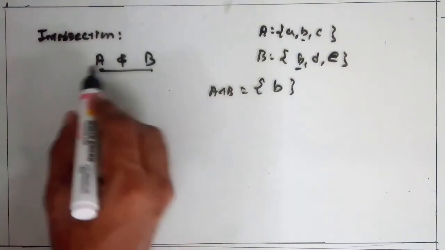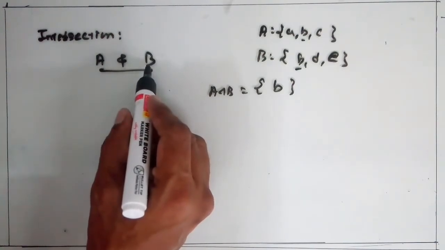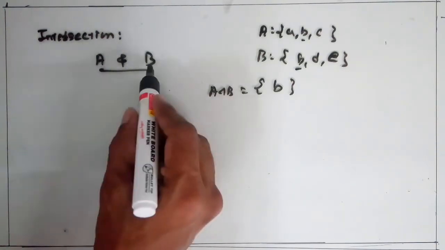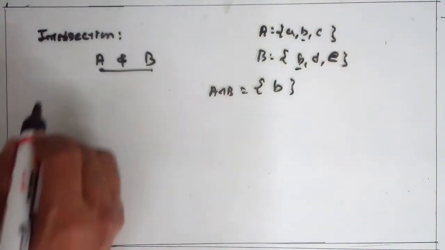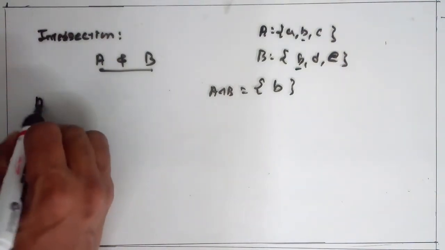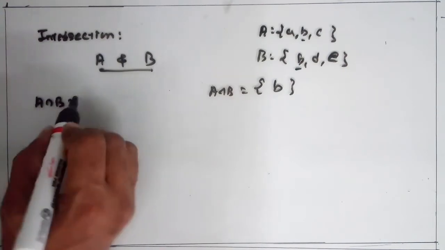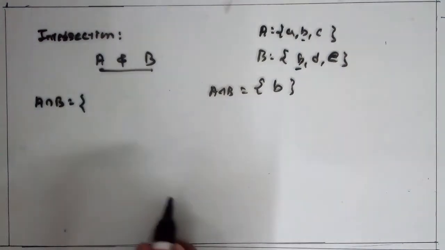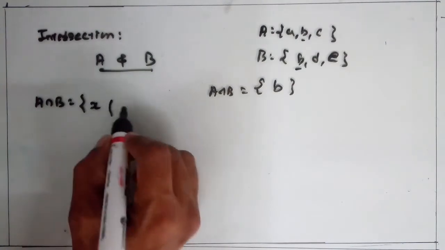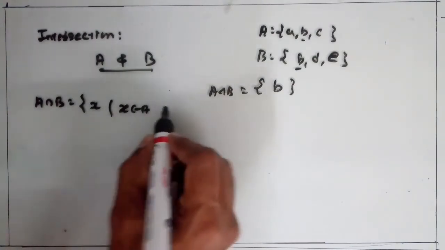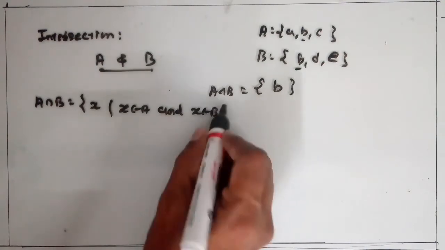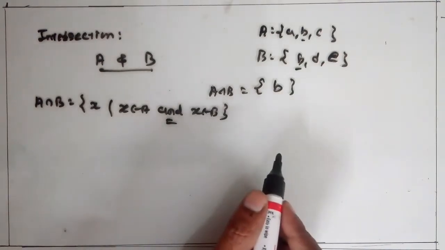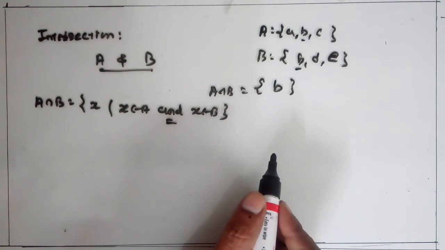For given two sets A and B, the set of all elements which are in A and B is called the intersection of A and B. The intersection of A and B is denoted by A ∩ B. And in set builder form, {x : x belongs to A and x belongs to B}. Clear this? So here the word 'and' is important.